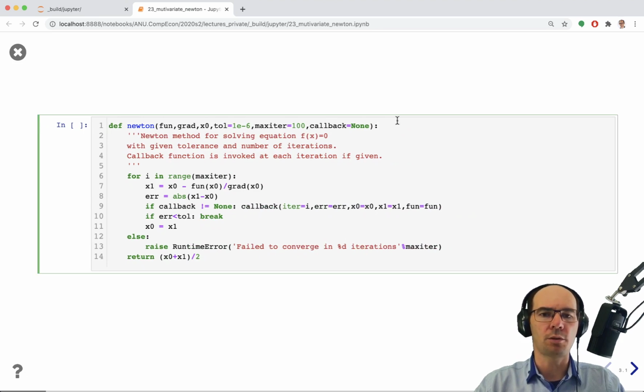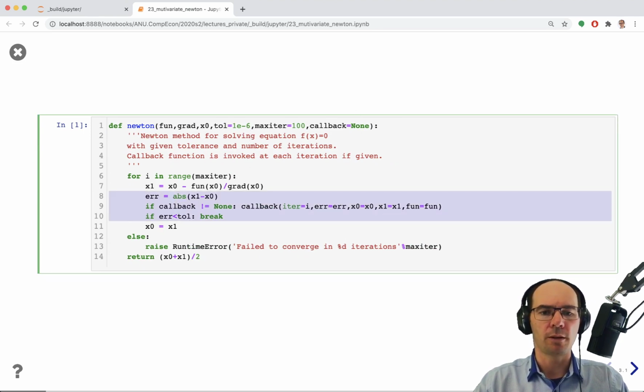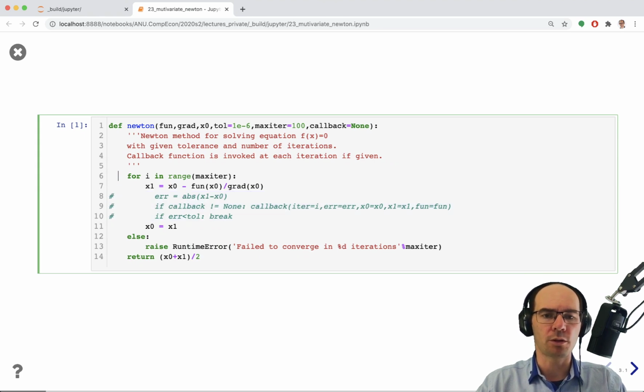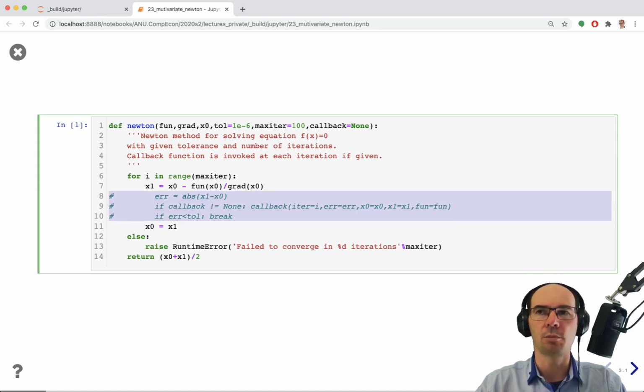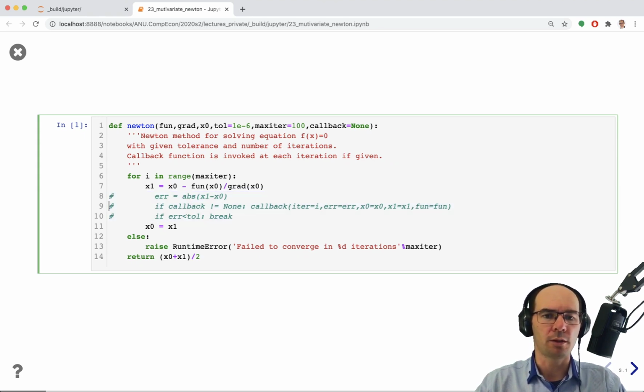So this is code copied from video 13, which implements the Newton method. Again, you may want to go back to it, but just as a reminder, the main loop is here. We are updating x's, and every time x0 is the previous iteration x, x1 is the next iteration, and we pass it back.